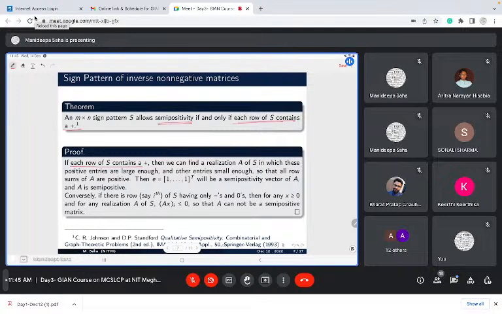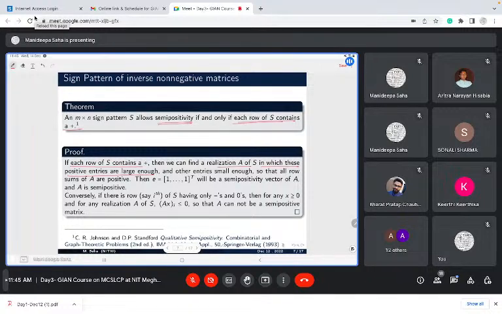We want a realization matrix in which these positive entries, where the plus is, are large enough.